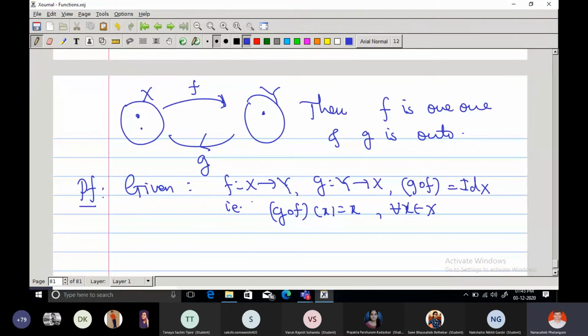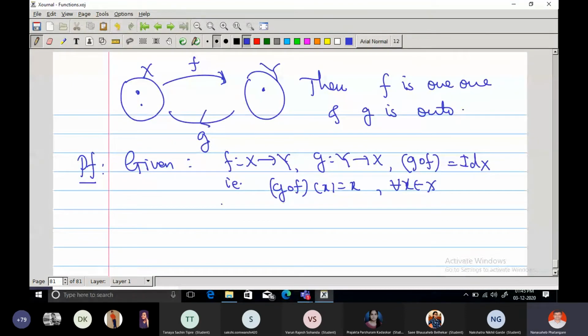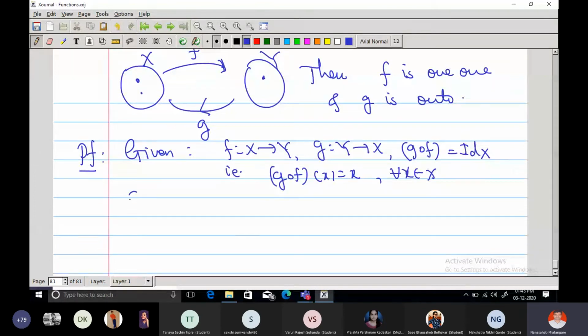What is our claim? We prove two claims. What is the first claim? f is 1-1 and g is onto. f is 1-1. And the second claim is g is onto.